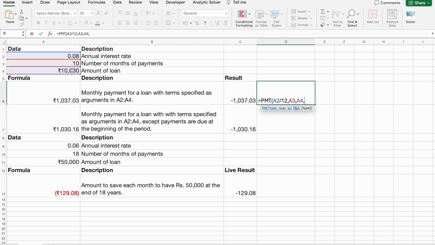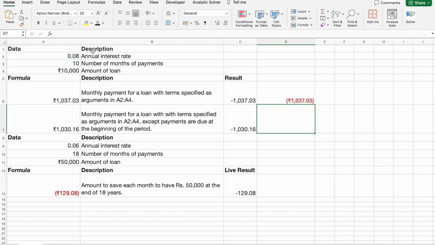And we are not going to select the future value or type. As you can see, we got the answer, which is 1,037 rupees. So here we are using ABS to get the positive value, but we are going to pay this amount, right? That's why it will be in negative value.